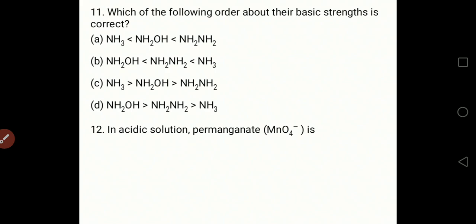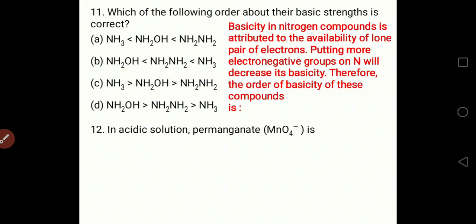one, see this one. Which of the following orders about their basic strength is correct? Remember, basic strength depends on the extent of donation. So in this particular case, basicity of the nitrogen compound is attributed to the availability of the lone pair of electrons. So nitrogen has more availability of the electron. After that, which one will come?